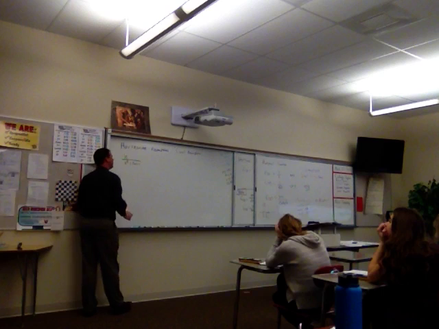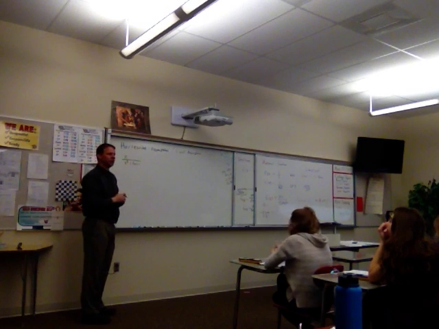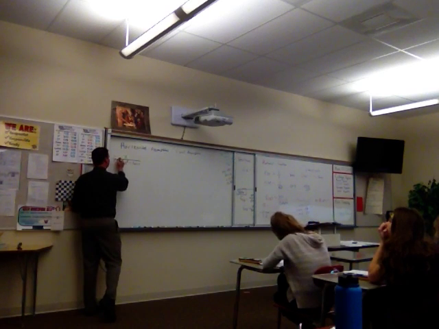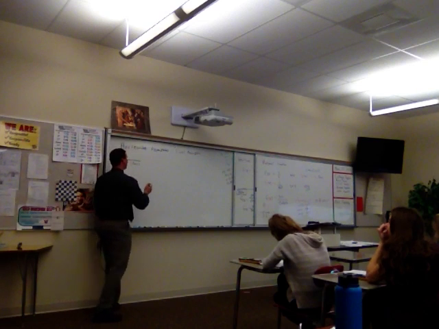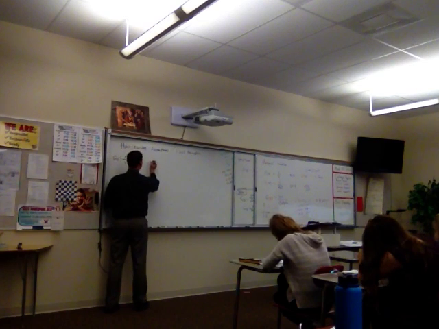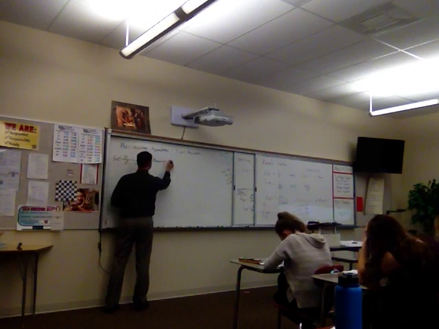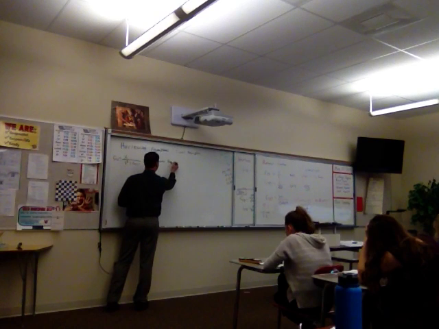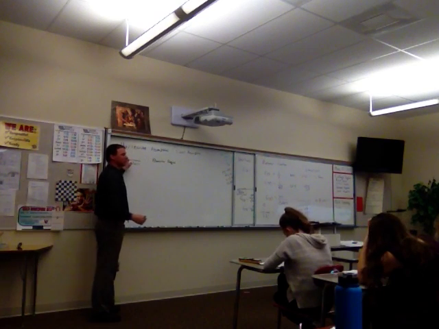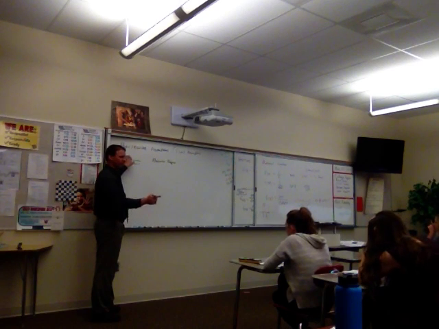okay? And this is just a general one. If you have a function that looks like this, there will be a horizontal asymptote if the numerator degree, the degree is the exponent, right? So what's the degree of this one? What's the degree of the numerator? Yeah, good, 1.